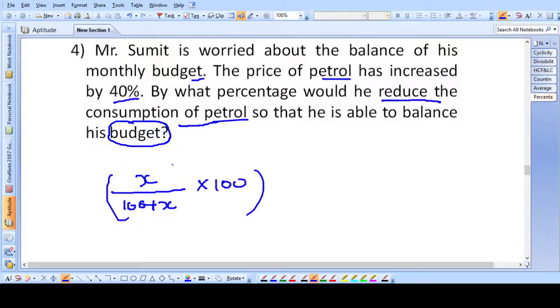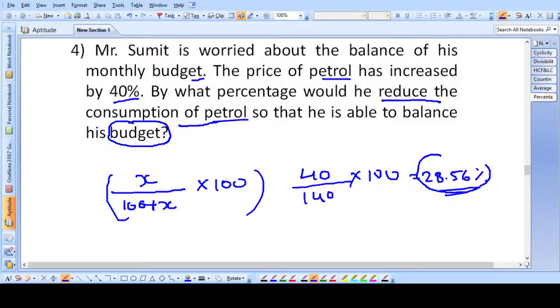So what you will do here: 40 upon 100 plus 40 is 140. I'm directly putting the value 100. This is 28.56%.